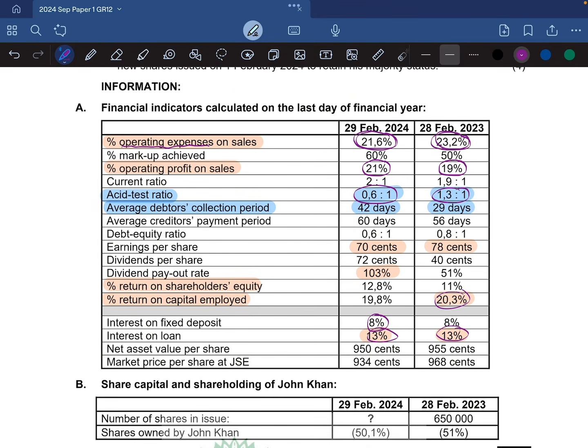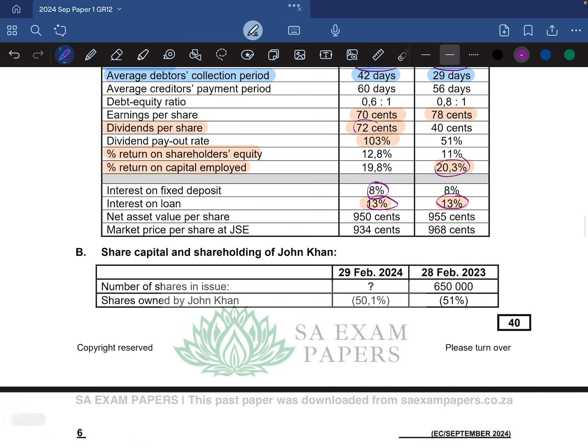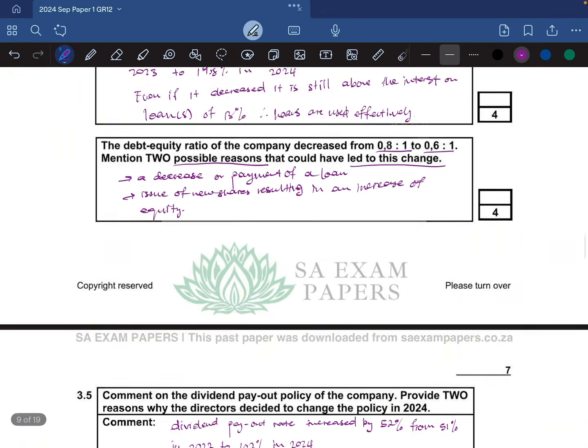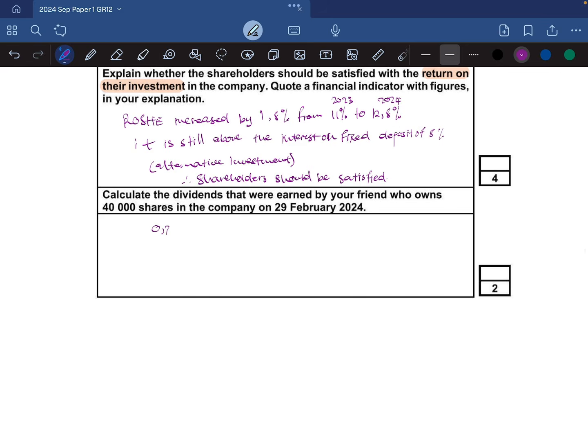We know that the dividends per share was 72 cents on 29 Feb 2024, and they have 40,000 shares. So we're just going to simply calculate that. It's 72 cents multiplied by 40,000 shares. So we're going to take 0.72 times 40,000, and that is 28,800 in dividends.